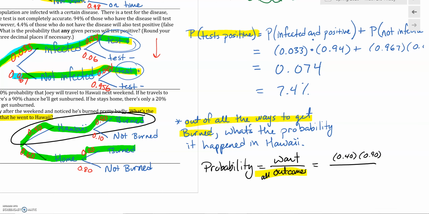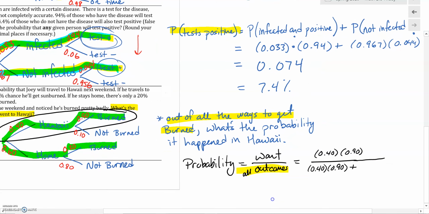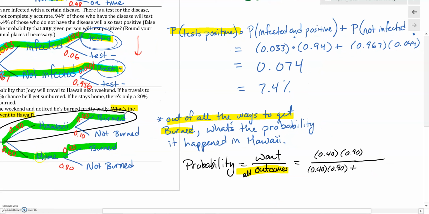So all the ways to get burned would be down the Hawaii path. You can get a burn that way. Or, meaning I add them, you can get a burn going down this path by staying at home. So 0.60 times 0.20.